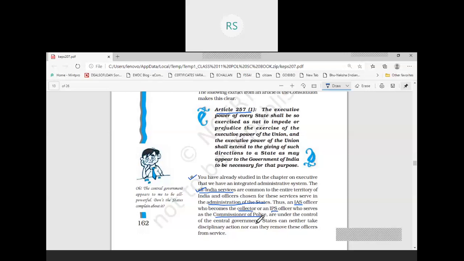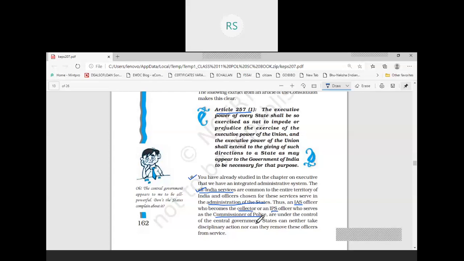So just try to understand the situation. These IAS and IPS officers are working in the territory of the state, but they are under the control of the central government. The states have no power to take any kind of disciplinary action against them. Any disciplinary action can be taken by the central government only.